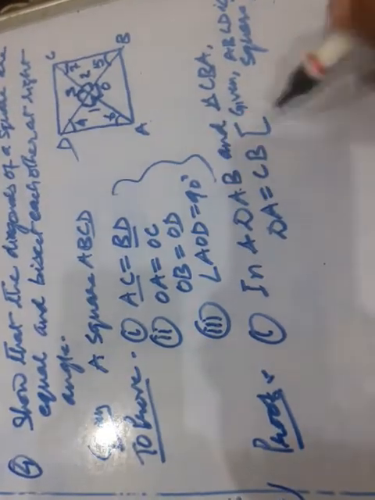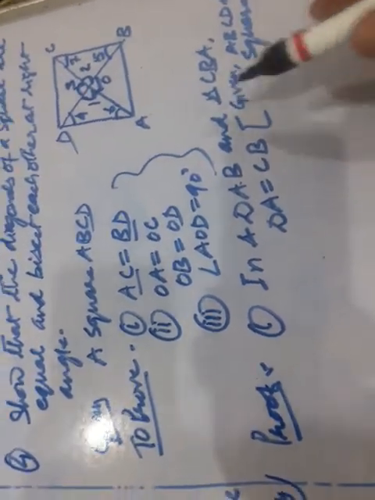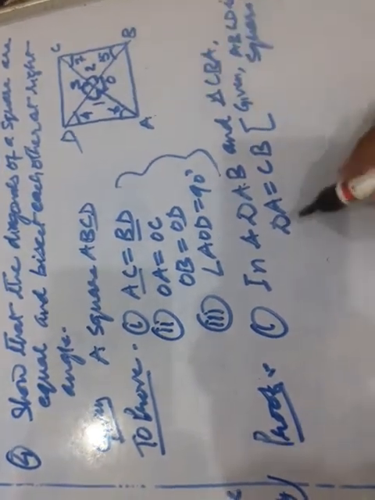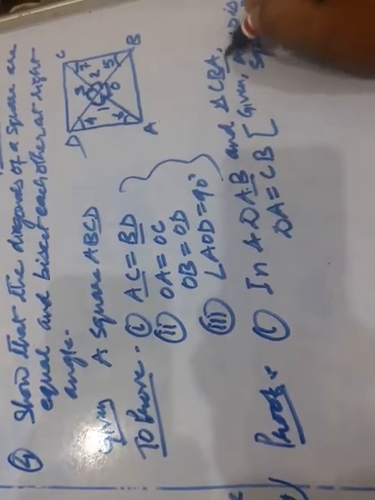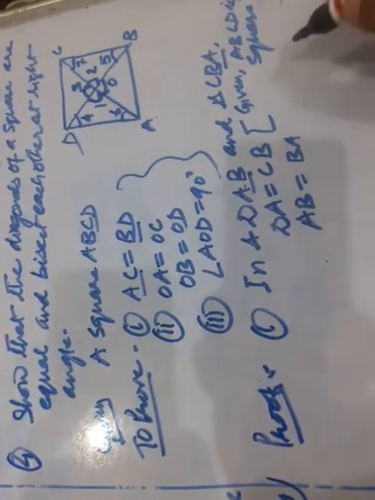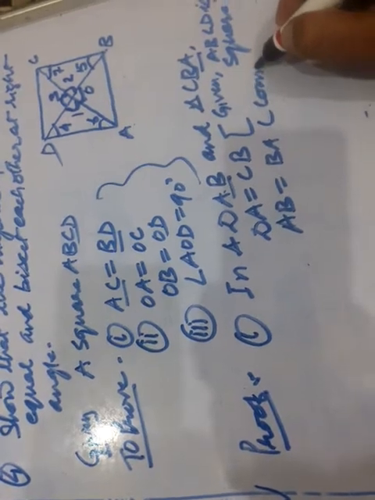Okay, DA equal to CB. Here AB equal to BA, that is common, children.